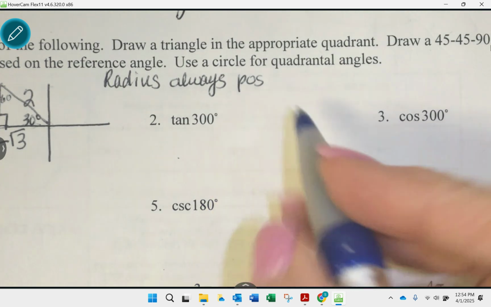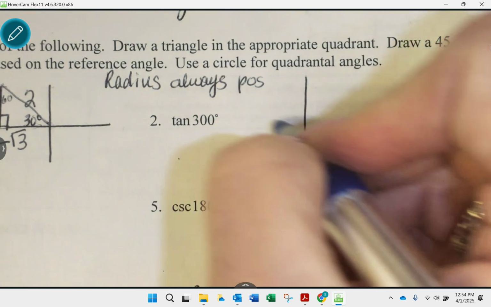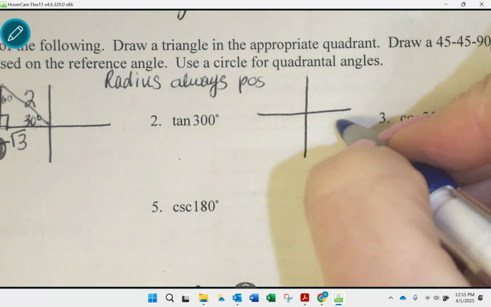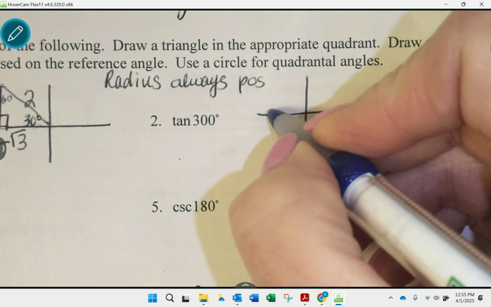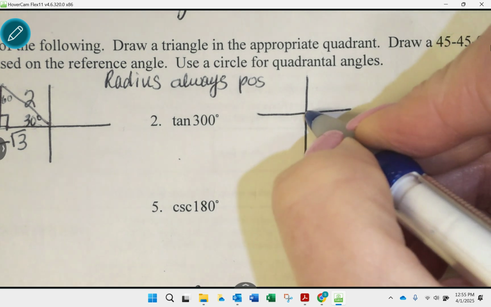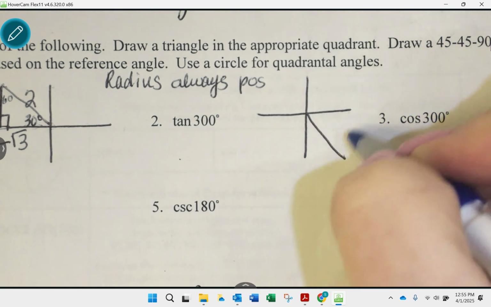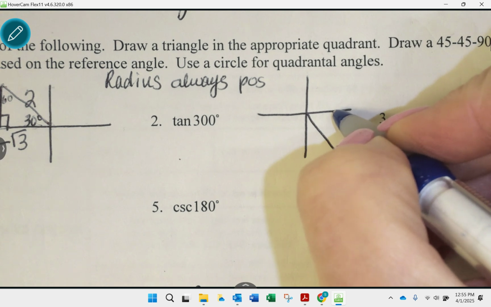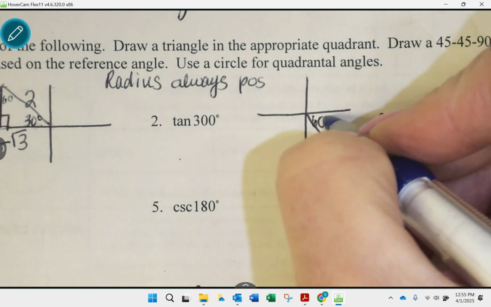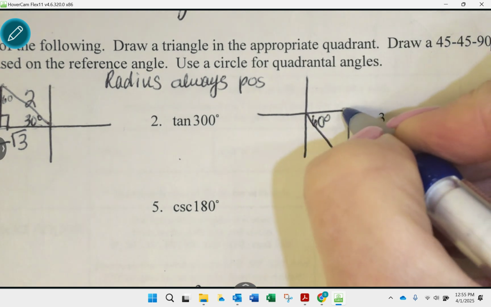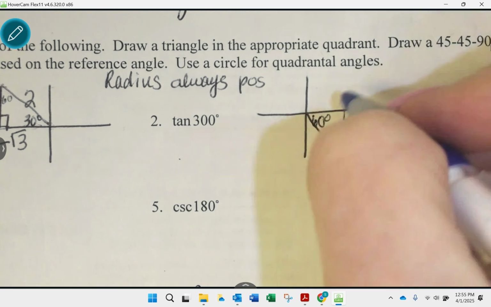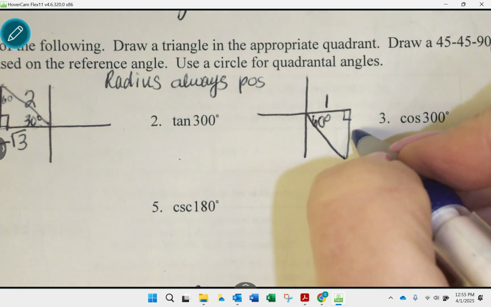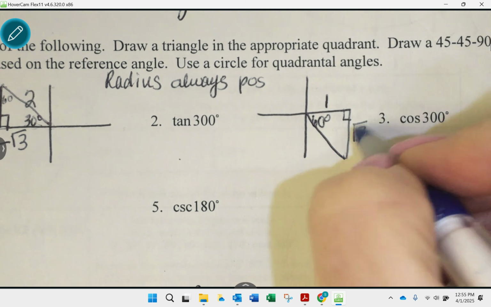The tangent of 300 degrees. Where's 300 going to go? Fourth quadrant. We go 90, 180, 270, 300 is going to go here. How far is it to get to 360? 60-degree reference. We label the sides. Across from the 30 is 1. Across from the 60 is radical 3.